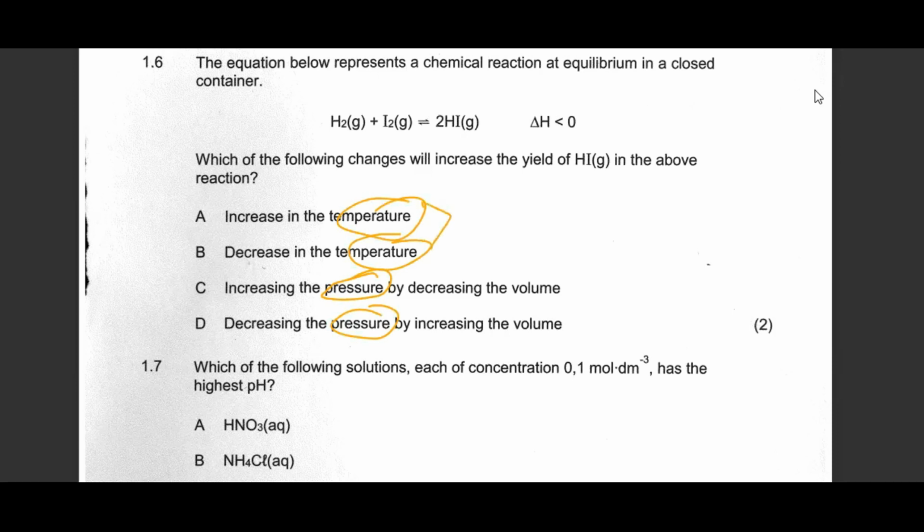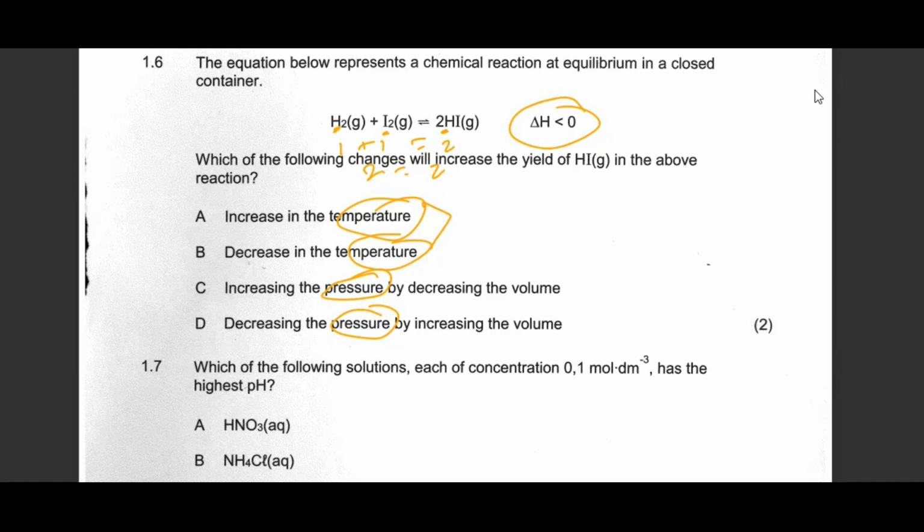Whenever they talk about temperature, look at the enthalpy. Whenever they talk about pressure, look at the number of moles. So you have 1 here plus 1 here giving you 2. So 2 equals 2. It means that pressure will not affect it, because you have 2 moles before and 2 moles after.